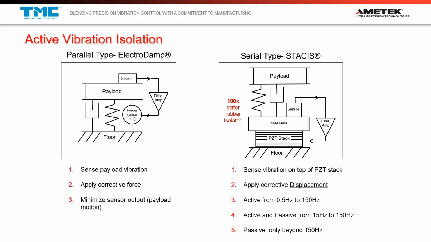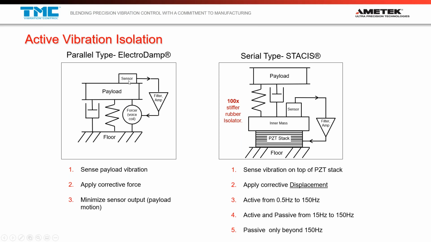There are a lot of key differences, but I'd say it really boils down to, one, the location of the sensor, and two, the resonances that are inherent to the vibration isolation system itself. If we go back to the parallel type system, we see the sensors on the payload.